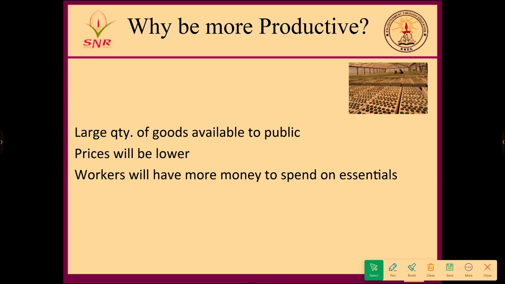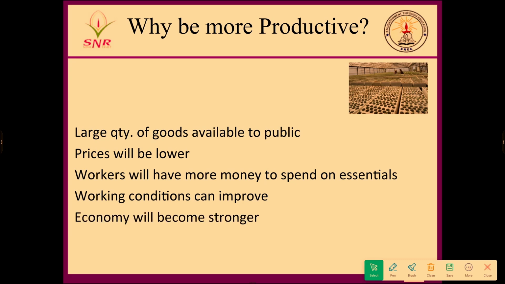Profit is more, workers are paid high, because of that they will have more money in their pocket for spending on their essentials, and their working conditions will improve, and this in turn will help the society to grow economically and the country also to prosper economically.